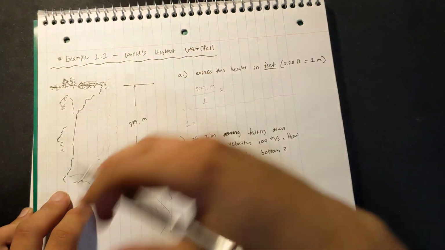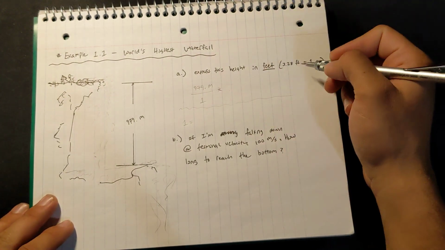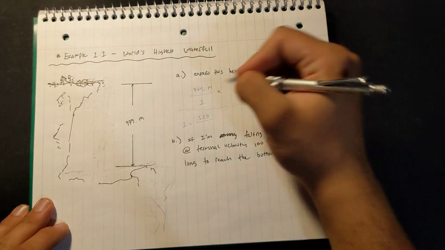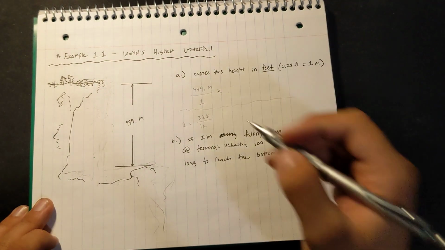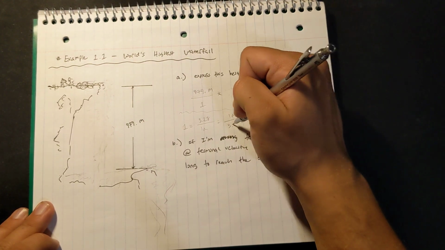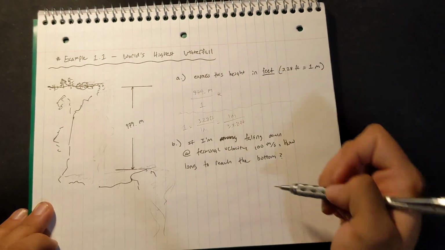A divided by A, just some random variable A, is equal to 1. 1 divided by 1 is 1. So in this case, 3.28 feet divided by 1 meter is equal to 1. And likewise, 1 meter divided by 3.28 feet, oops, I forgot the unit, is also equal to 1.